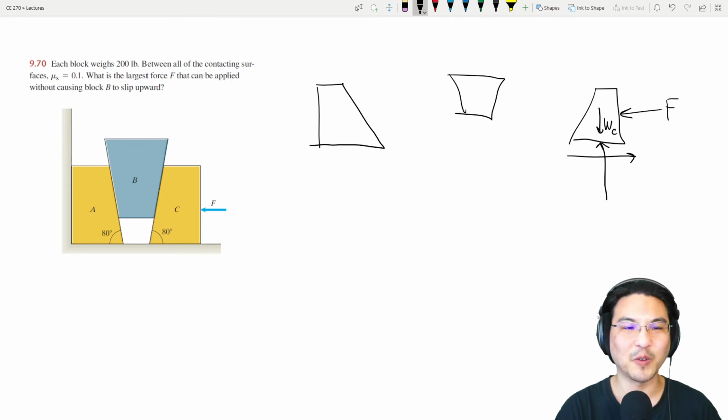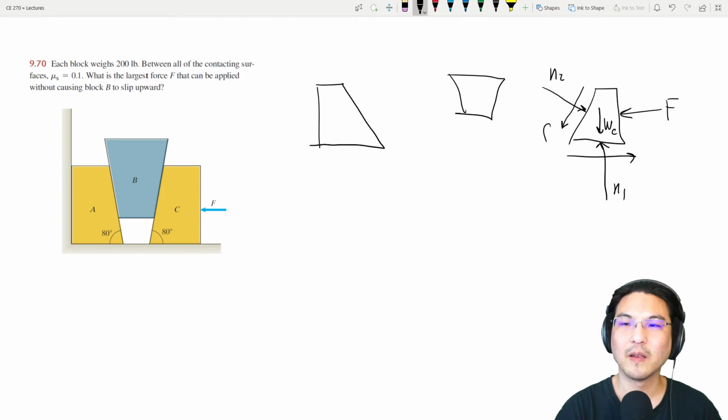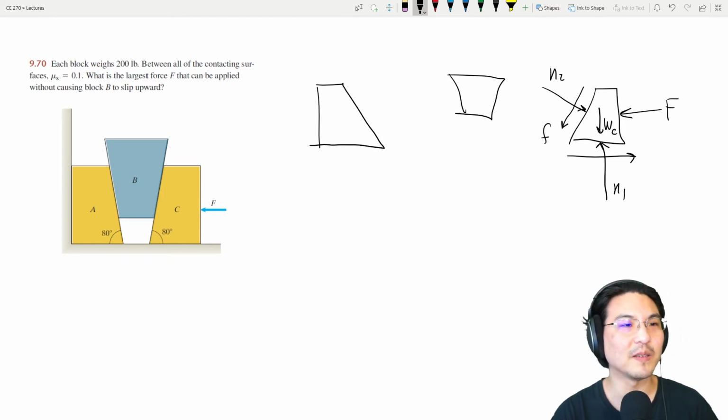And then there's a normal force from block B, like this. And if block C moves left, what happens to block B? It's going to go up, right? So the friction opposing that motion on block C is like this. Okay, so I'll just label these. And this is going to be static.